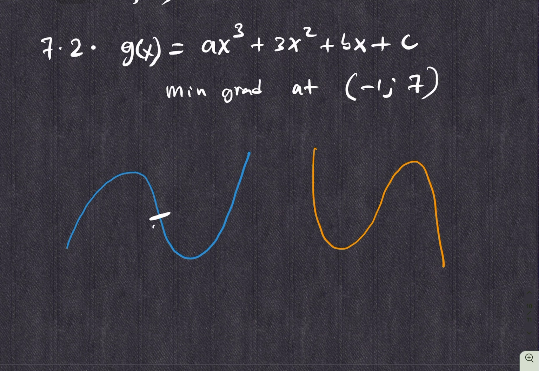From this region the graph is going to be concave up, and it's going to be concave down like that. So if I can get the point of inflection, then I'm fine. For this one, it is going to be concave up if a is negative. So we need to get the sign of a. We need to get the value of a. It's going to determine how far we can go with this question.